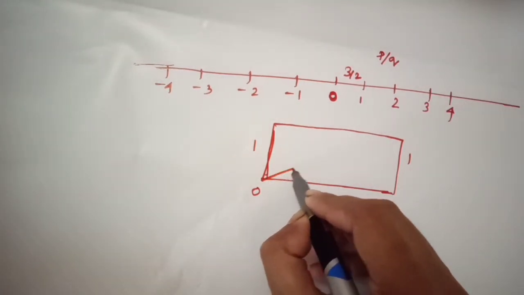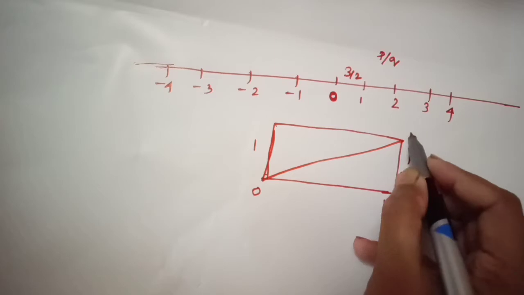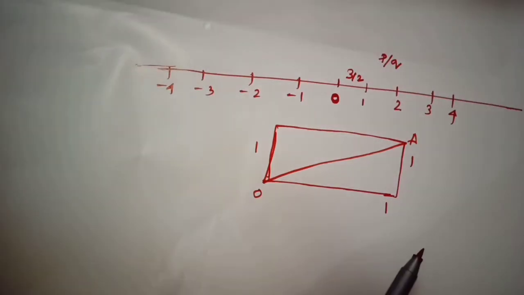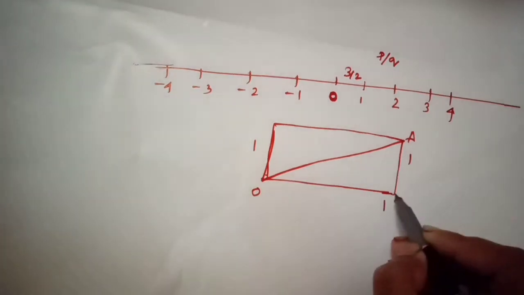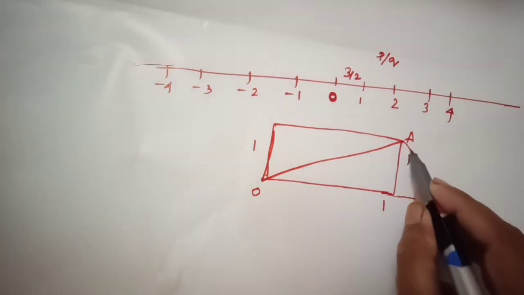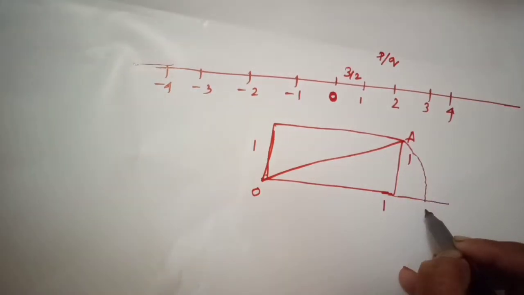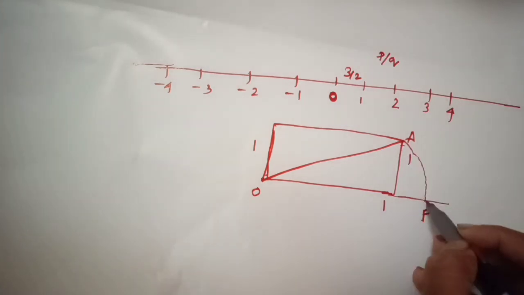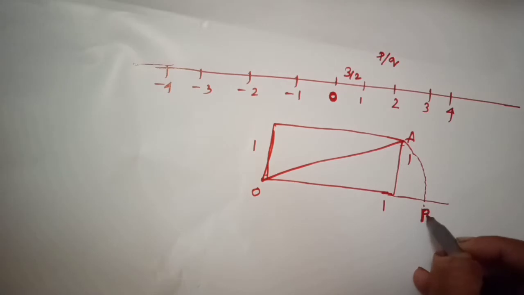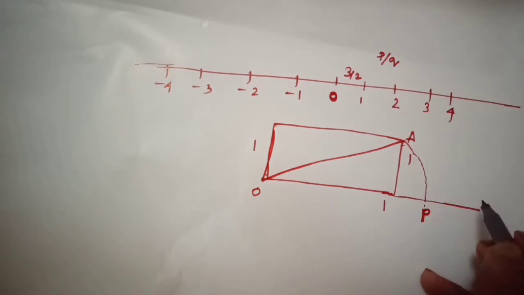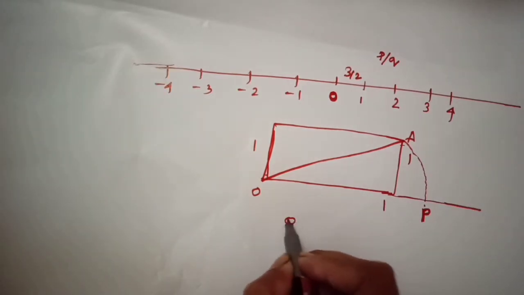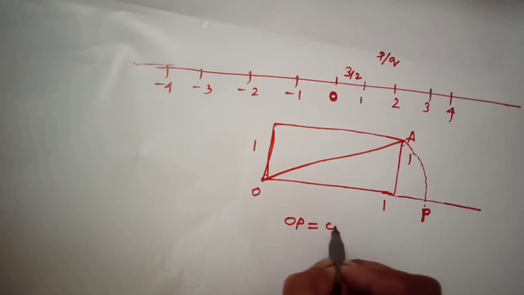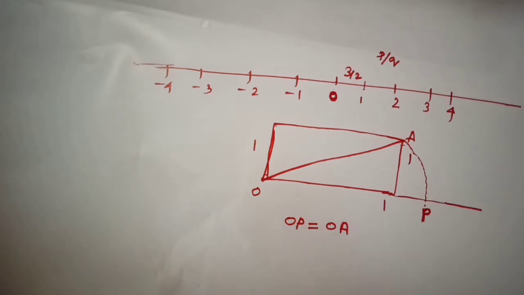What is the length, the magnitude, of OA? If we take the point on the horizontal x line, then we join it, and this is the point P on the horizontal line, and OP equals OA, right?